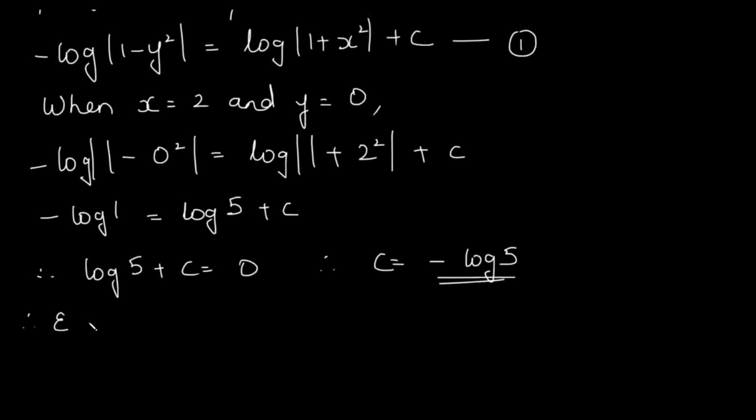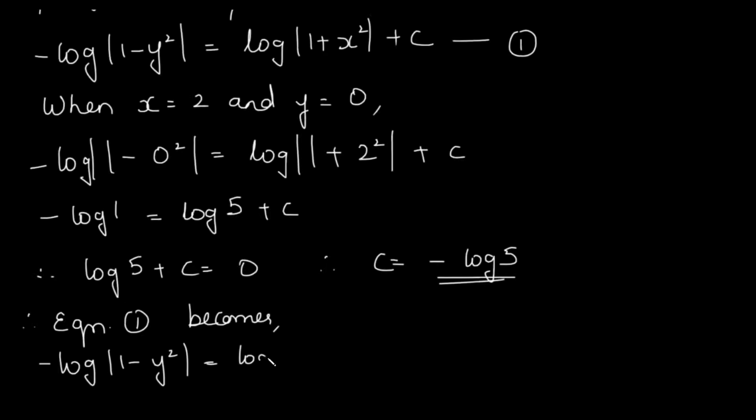So suppose this is equation 1. Therefore equation 1 becomes minus log of 1 minus y square is equal to log of 1 plus x square minus log 5, because c is minus log 5 as we got over here. Now we rearrange these terms to get the answer that they wanted us to get in the textbook.